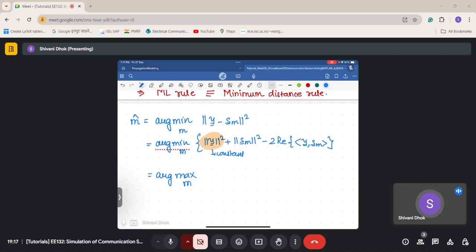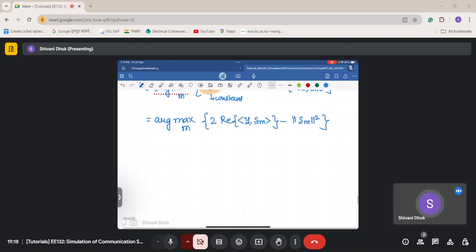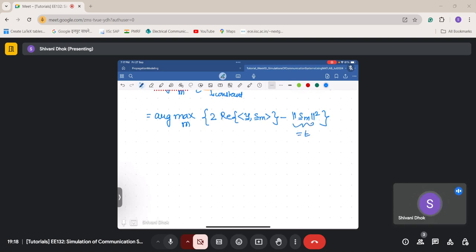So I'm multiplying it, so this will be equal to 2 times real part of inner product of y and Sm minus norm of Sm square. And what is given to us is this quantity is equal to E, and it is constant.